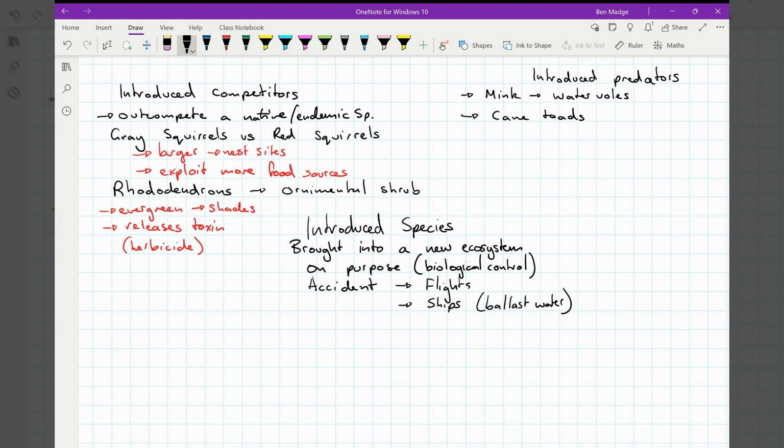It produces loads of offspring. It can cope with really harsh conditions. They were rubbish at eating the pest that they brought them for, because the beetles were found at the top of the sugarcane, but the cane toads are at the bottom. But they did eat nearly everything else that they could get in their mouths, and anything that tried to eat them would then die. So it had a massive impact on lots of different parts of the food chain.